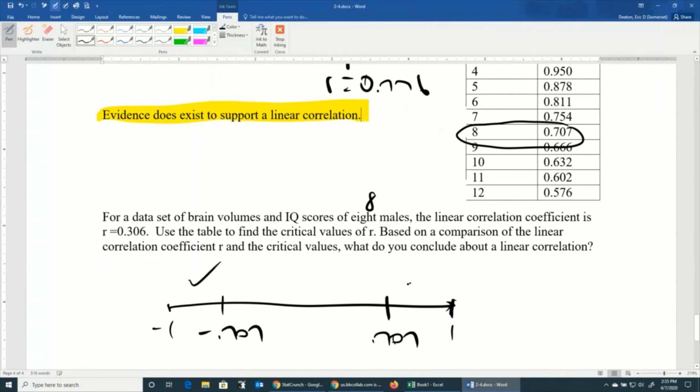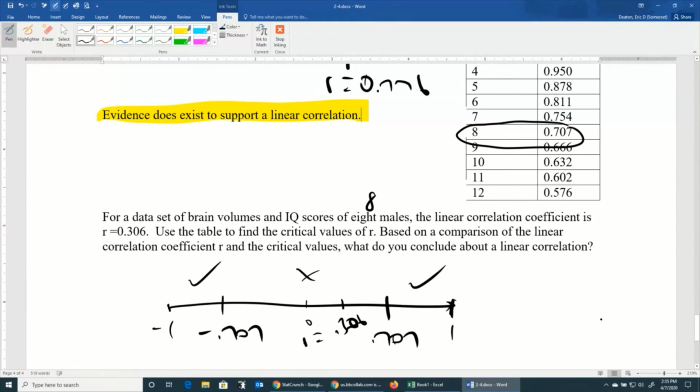Remember, that's good. And here, there's no evidence to support. So 0.306 is right smack down in the middle by 0, so it'll be right here, which means it's in between, which means that's not good.